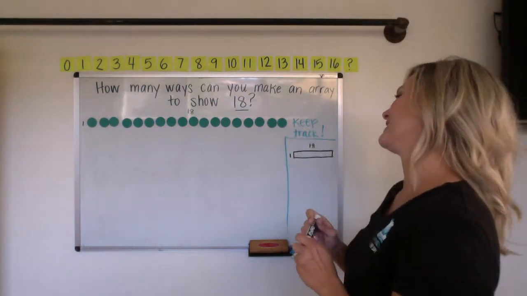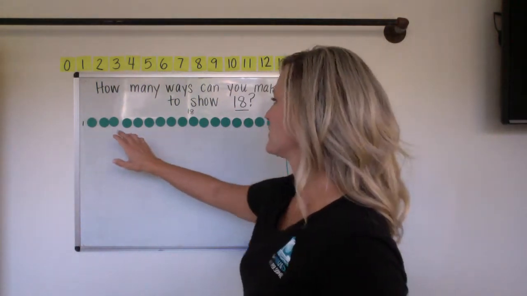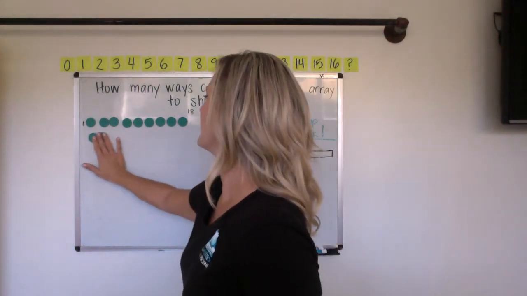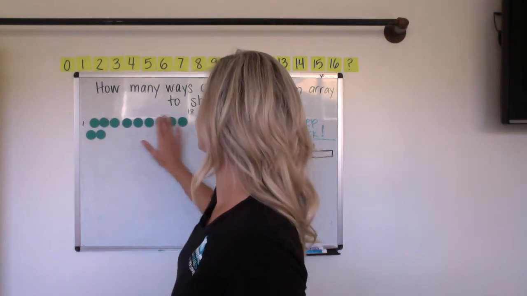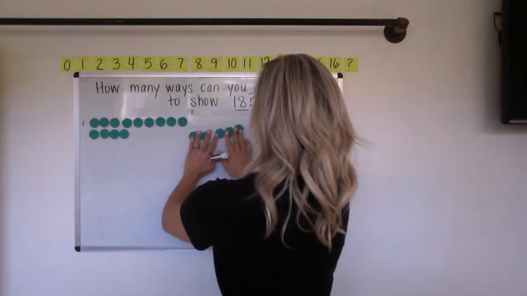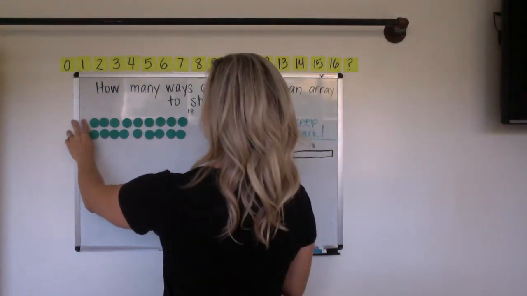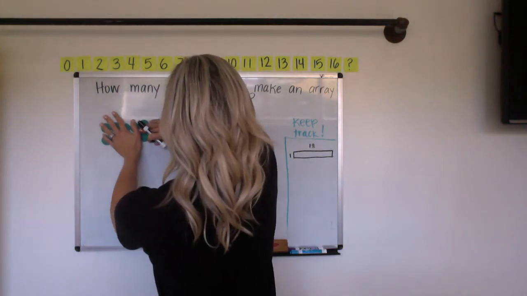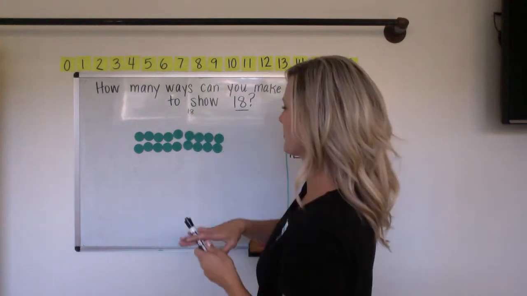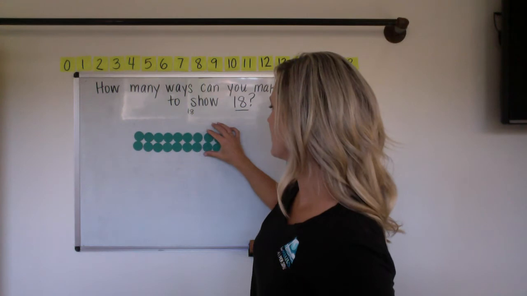I was thinking that we could break this in half and make 2 rows. So 1, 2, 3, 4, 5, 6, 7, 8, 9. I'm breaking my 18 in half. Now I have a matching array, so the top and the bottom each have a partner, so it's still forming a nice array.